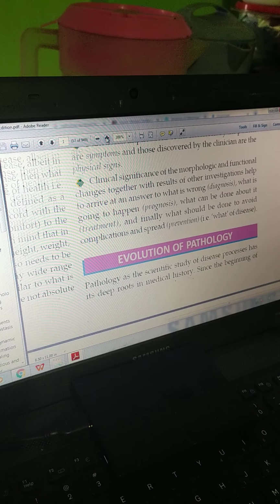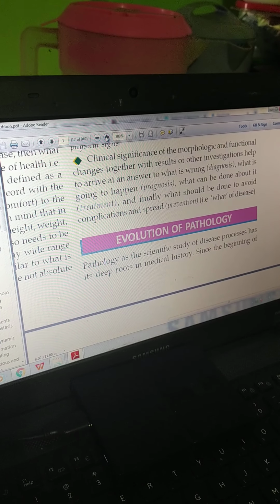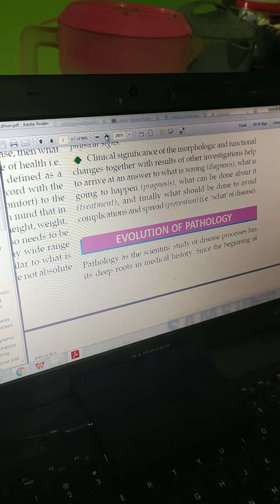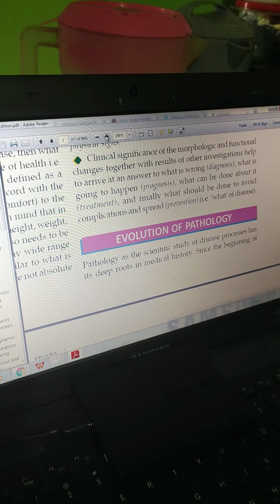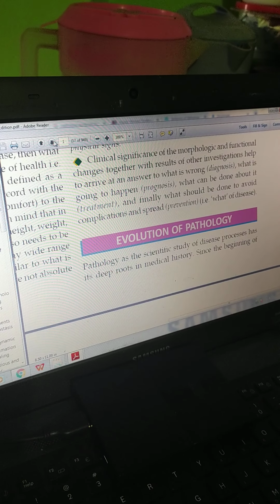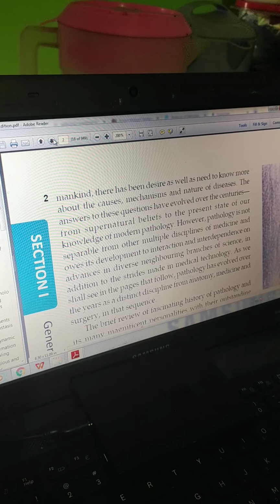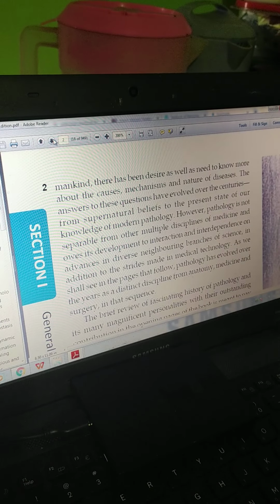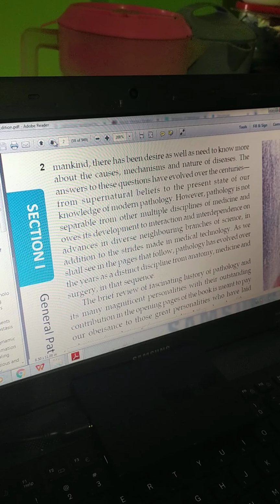Evolution of pathology. Pathology as the scientific study of disease process has its deep roots in medical history. Since the beginning of mankind, there has been desire as well as need to know more about the causes, mechanism, and nature of disease.